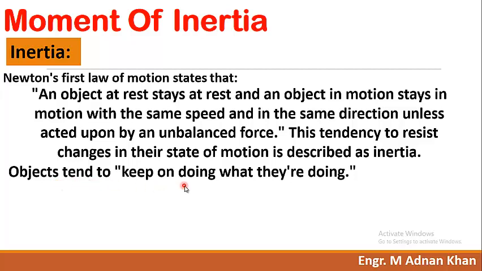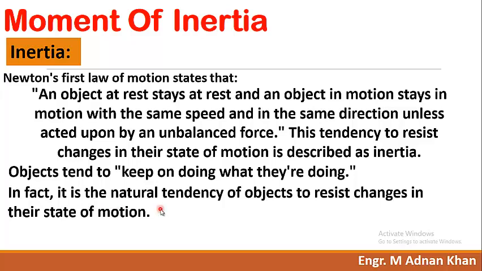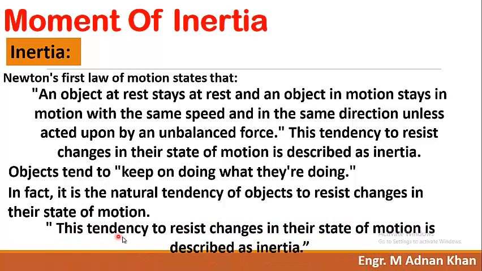Objects tend to keep on doing what they are doing. In fact, it is the natural tendency of objects to resist changes in their state of motion. So, this tendency to resist changes in their state of motion is described as inertia. I hope now you have understood what is inertia.